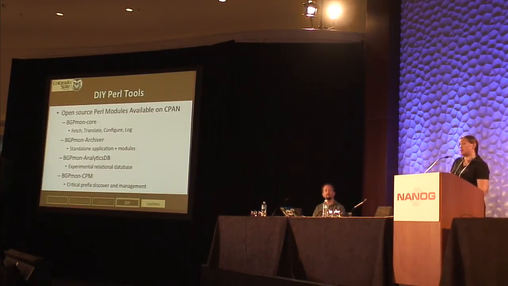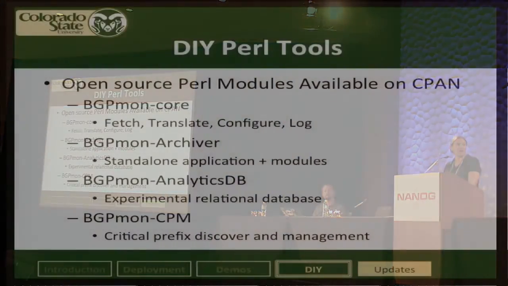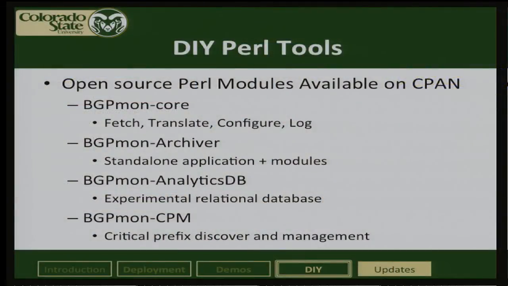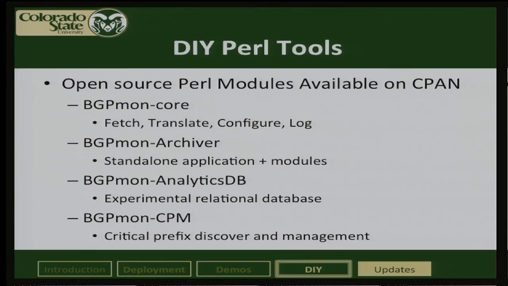So I've been talking about the Perl modules, and this is the main takeaway that I'd like everyone to have from this talk, is that we've made it very easy to access this data. This is just a subset of the Perl modules that we've made available. In our core package, we have code that allows you to fetch data from the live stream or from the archives.